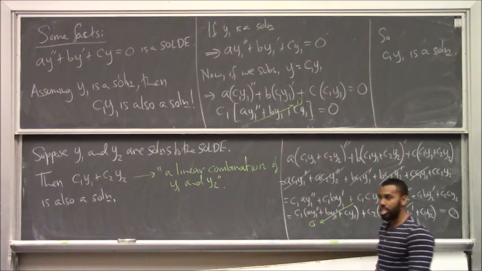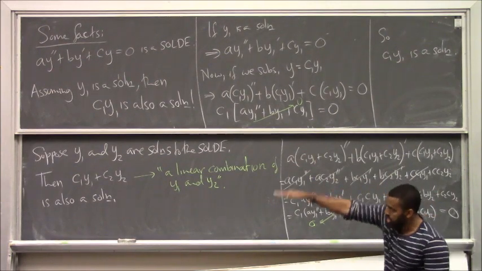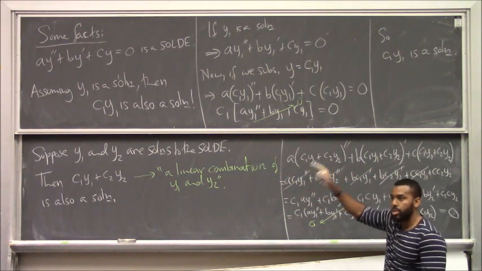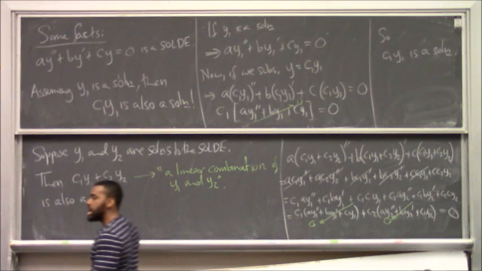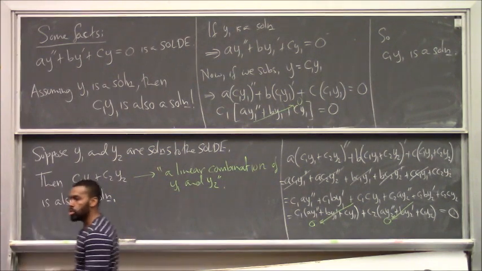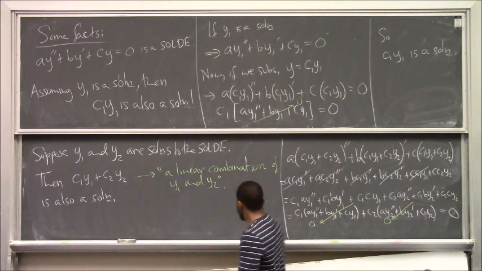If I find a third guy, there's going to be a way to construct that third guy by taking a constant times the first one and a constant times the second one and adding them together. The third one is never going to be something new, something different. I'll always be able to construct them from a form like this.